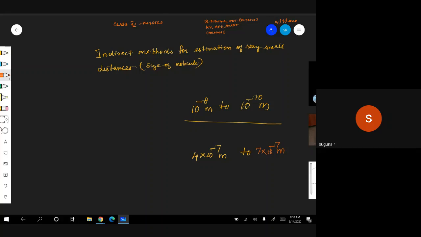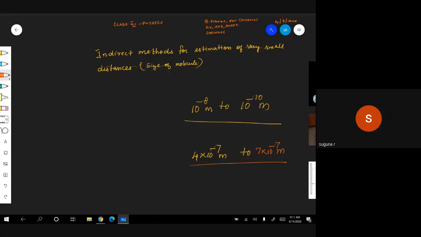Therefore, you cannot use this optical microscope, because usually only light is used to magnify: a convex lens, objective, eyepiece, everything is used just to magnify the object. But what is the criterion if you want to magnify the object?